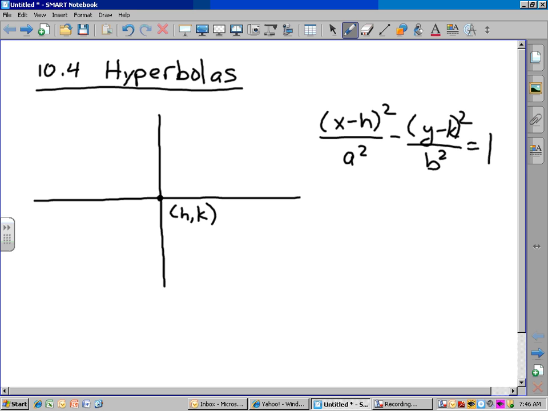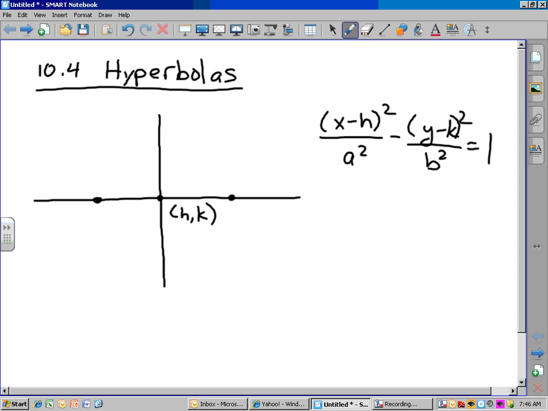So if x comes first, that's what you draw your hyperbola on. Since x is first, we have vertices. Let me go ahead and put those. The vertices will occur on the x-axis because x is first.